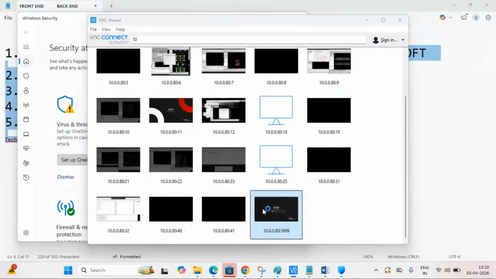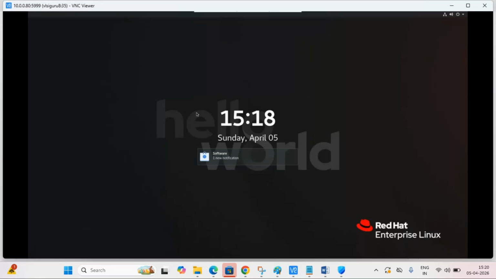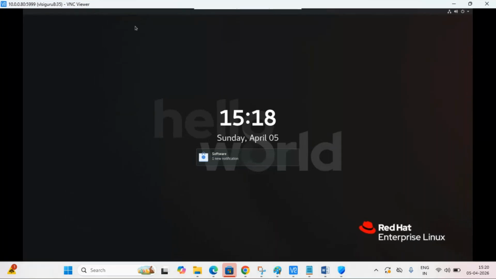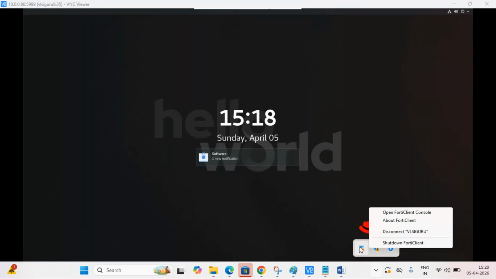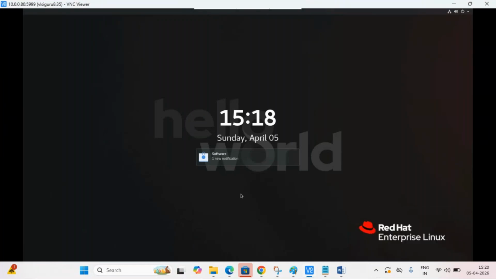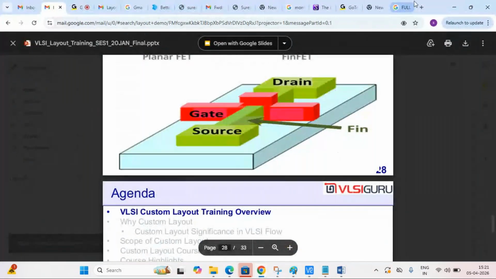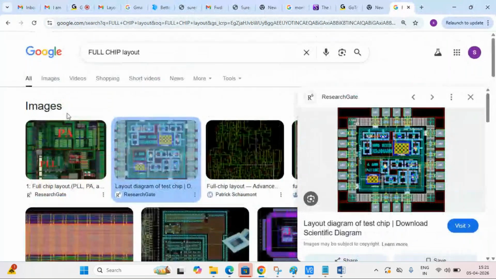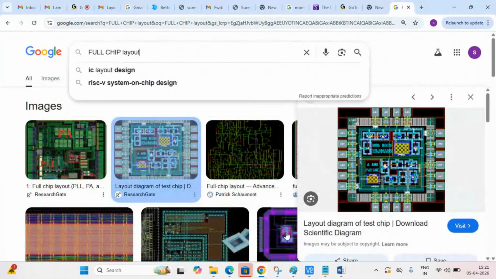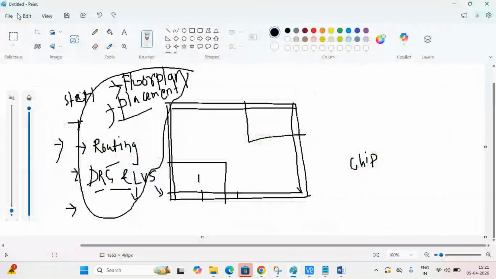Let me connect once, you can see very clearly. Okay, so tool line.